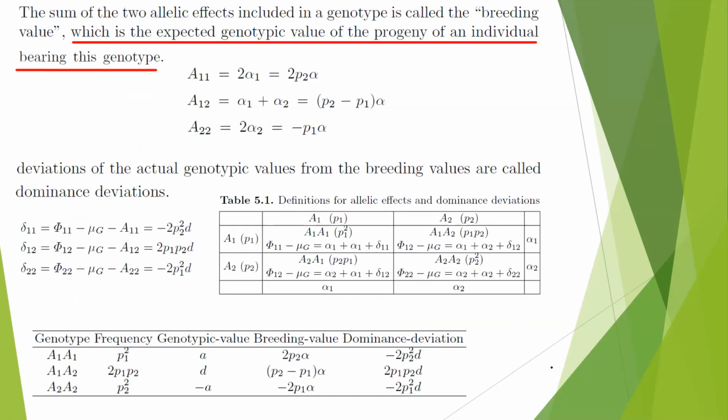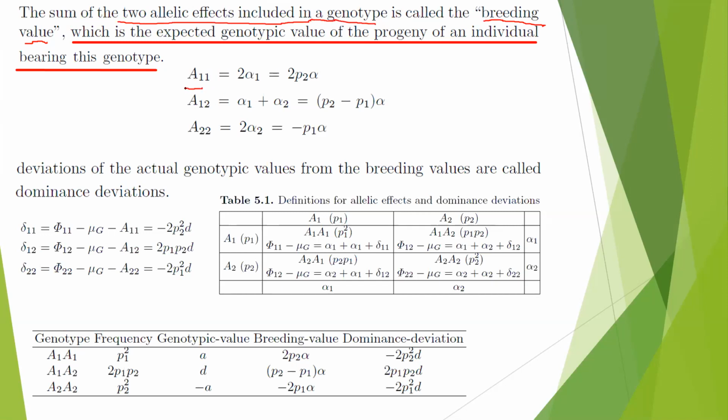And okay, now we need to learn some new concepts. Very important. Here we would like to learn the breeding value. So what is the breeding value? Breeding value is the value that we calculate by summing the two allelic effects for a specific genotype.